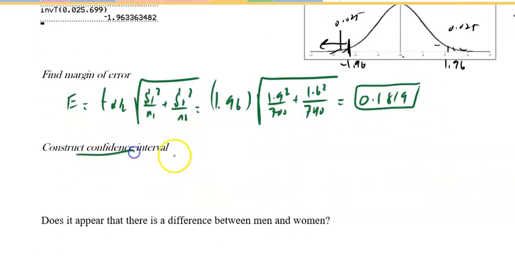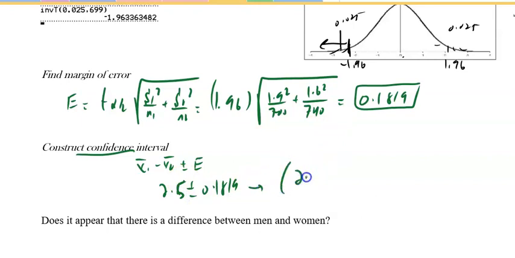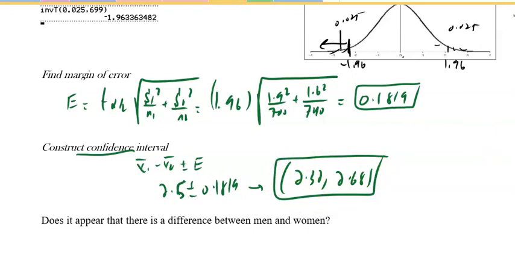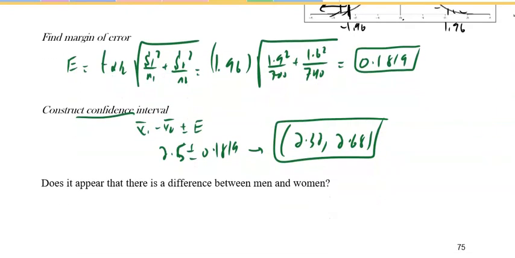And construct the confidence interval. Well, it's x1 bar minus x2 bar plus or minus e. So that is 2.5 plus or minus 0.1819. If I plug this in my calculator, I'll get 2.32 and 2.68. Do you notice that 0 is not in there? So, does it appear that there's a difference between men and women?